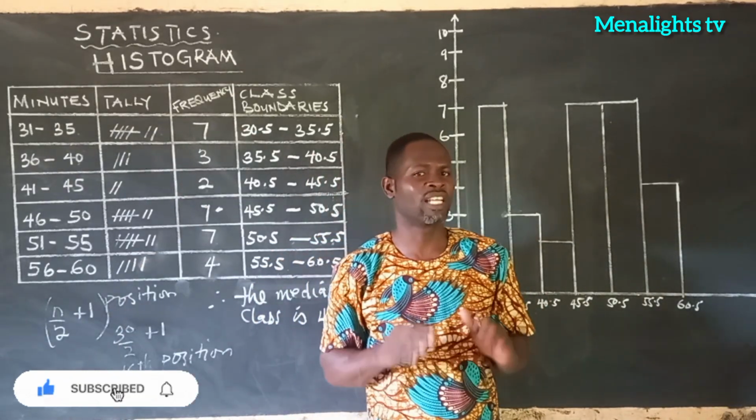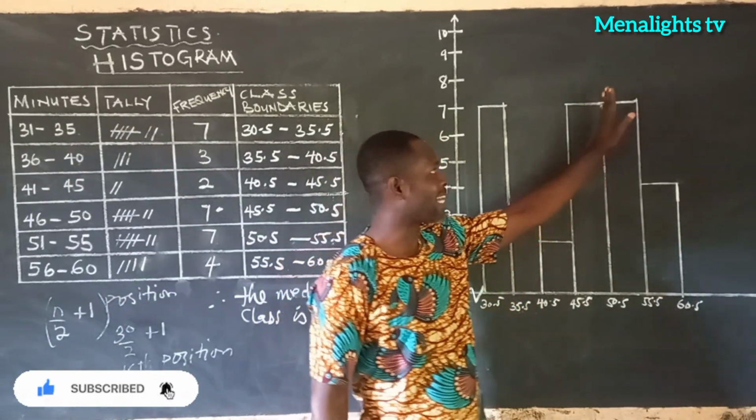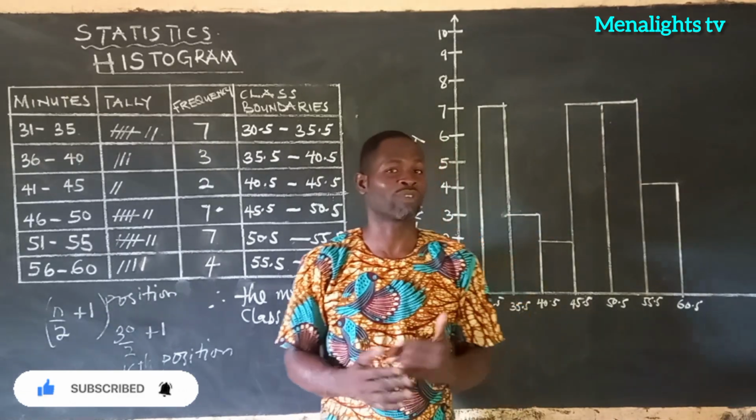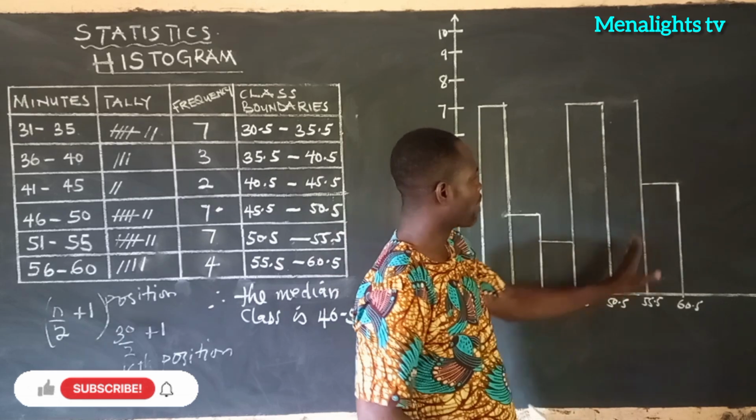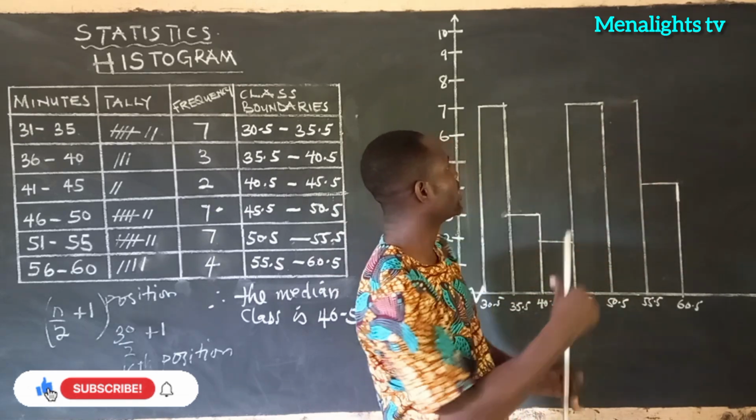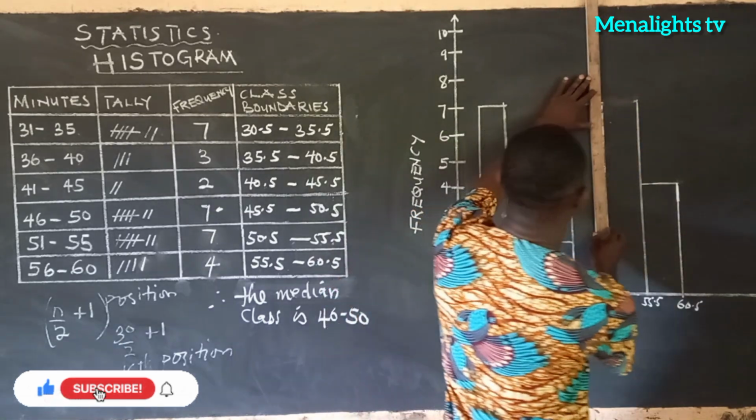But in order to get the mode, we are going to adjust this bar so that we can use it to what? To estimate our mode. So we are going to extend this beyond 7. Let's make it 8.